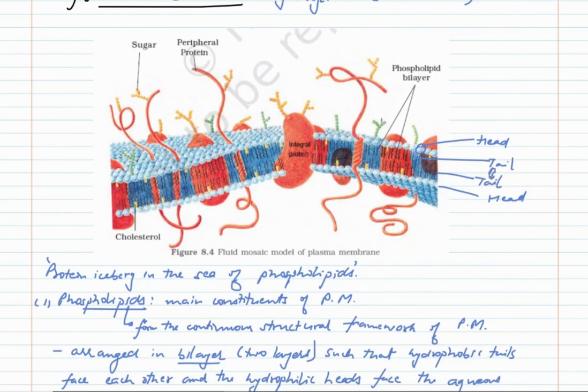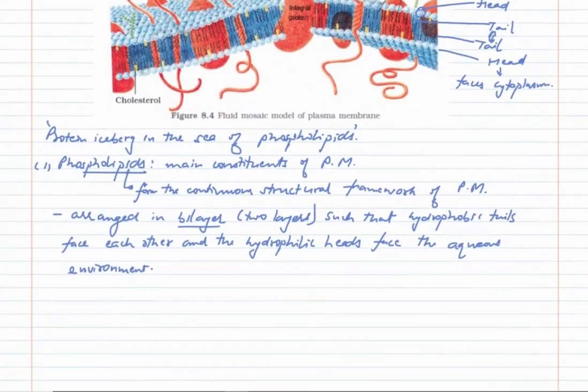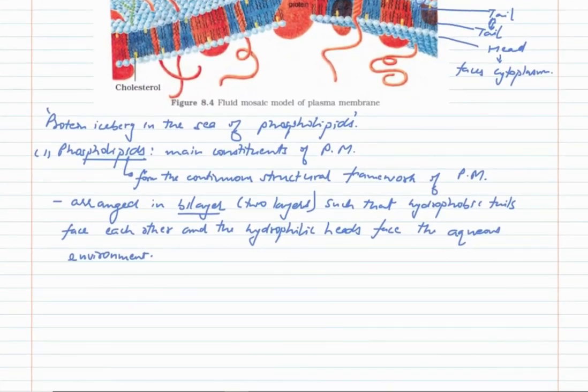So the tails are facing each other, whereas the head on the outside faces the extracellular aqueous environment, and the inner head faces cytoplasm, again which is mainly made up of water. So the heads face the aqueous environment, whereas the tails face each other.